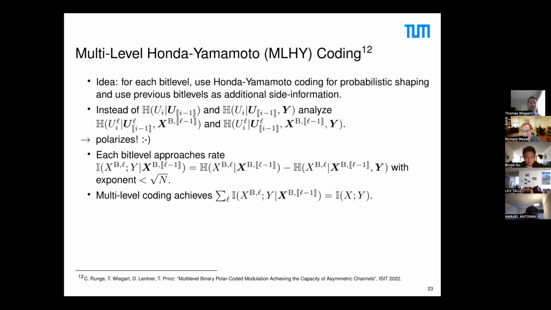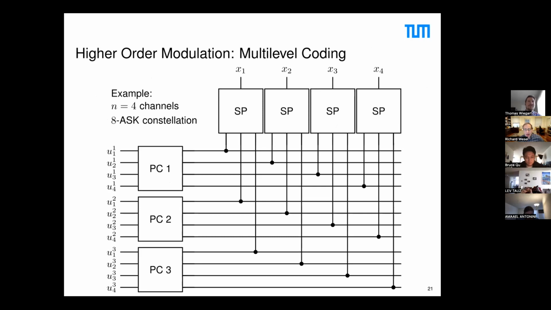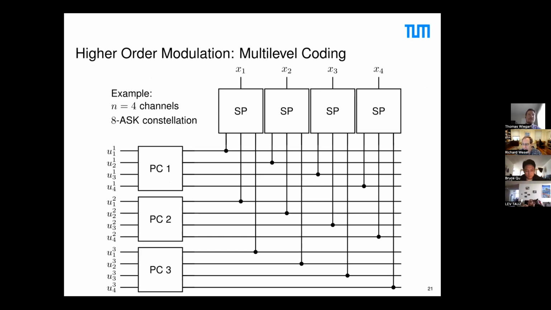Thomas, I have another question. I'm sorry. Can you go back to your picture again? Because you pointed out that each of the bits of the set partition labeling is coming from a different polar code. And so you're only allowed to have set partition distributions that can be produced as product distributions of, call it, P1, P2, and P3, right?